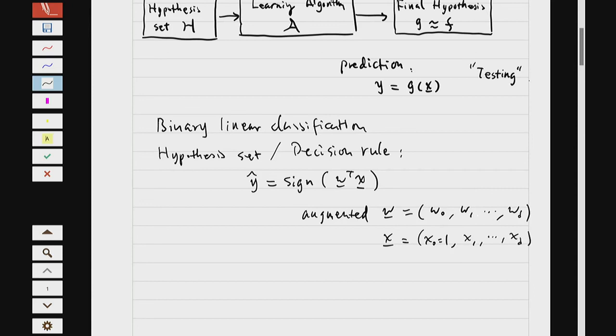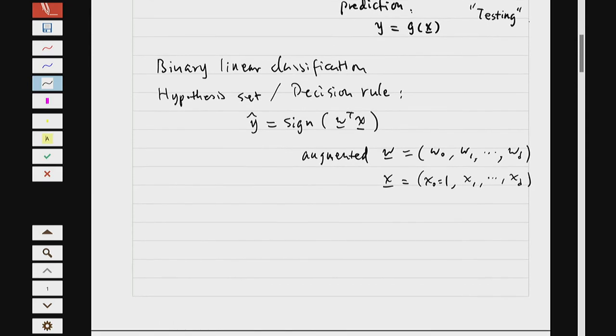And these are commas, maybe I make it a bit clearer. Like that. And given this hypothesis set, the algorithm that we have so far is called the perceptron learning algorithm.